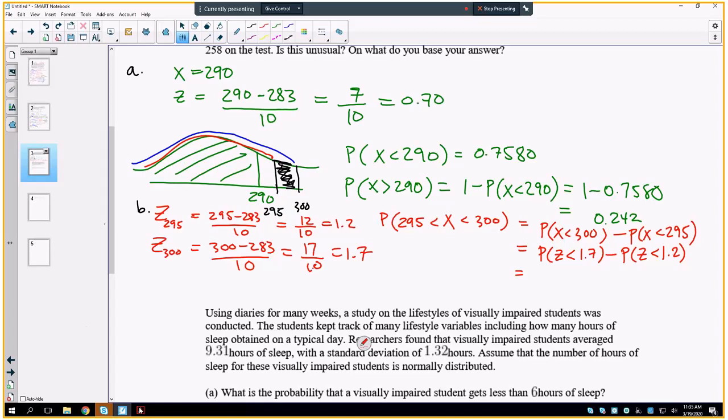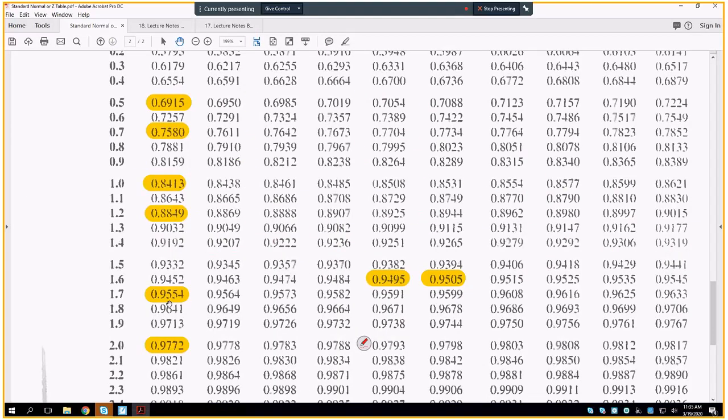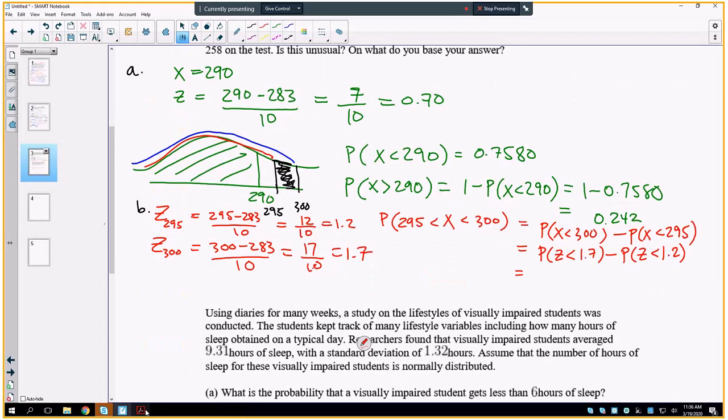Let's see. 1.7 is here, 0.9554, and 1.2, 0.8849. So let's go back to our problem. That should be 0.9554 minus 0.8849, which is 0.0705.